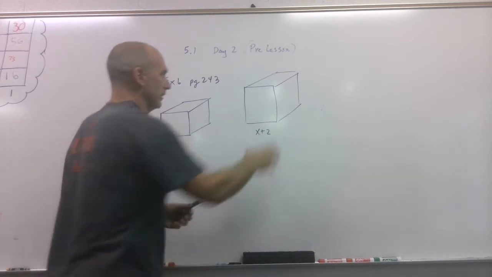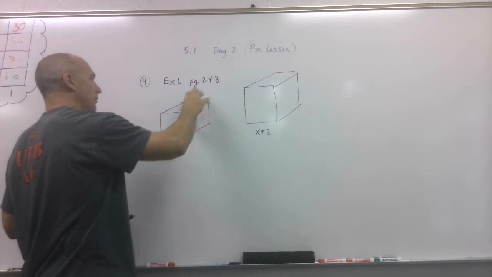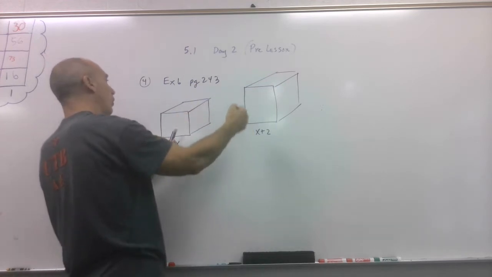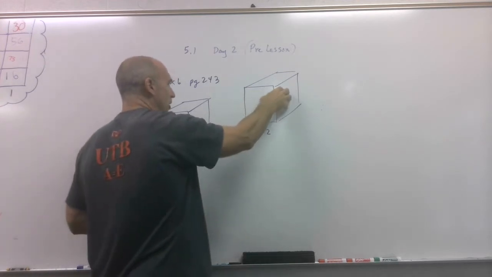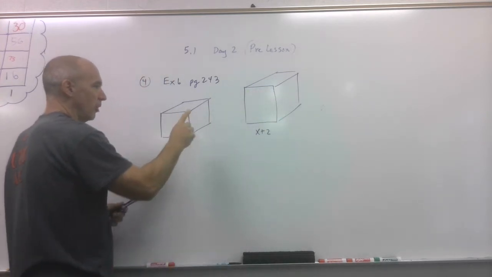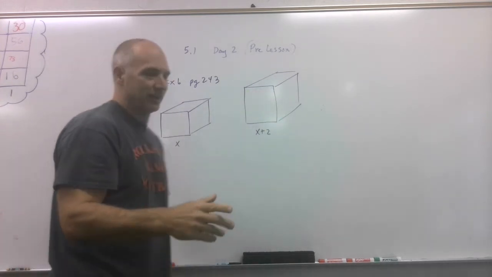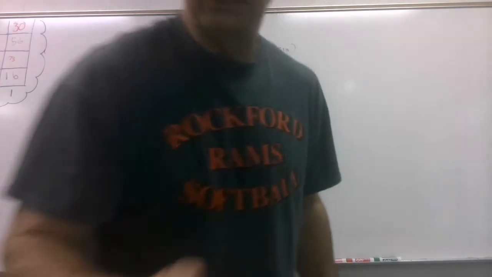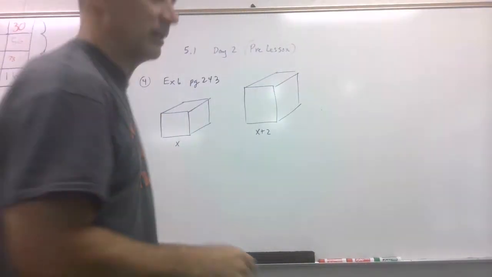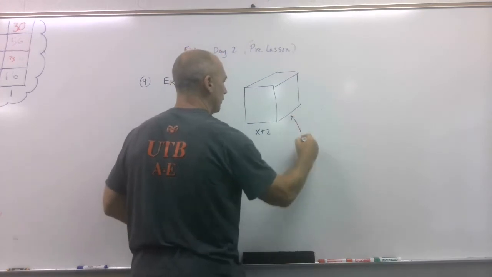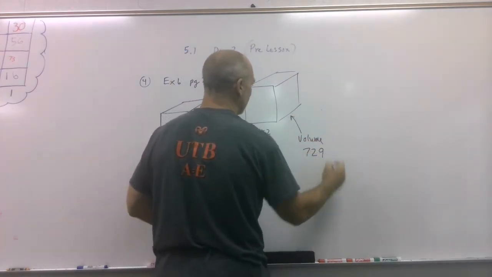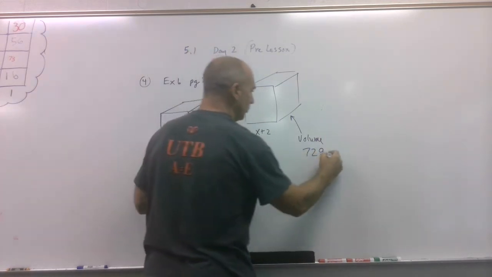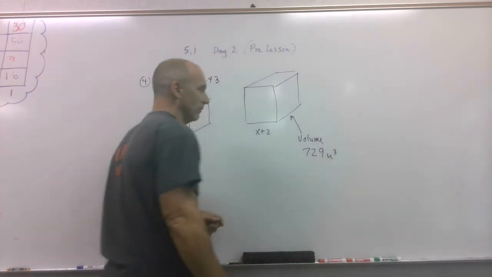Then it talks about if this larger cube pours its water into this one, and it just keeps pouring, how much water will spill over. So obviously this has a bigger volume than this. They tell you about this bigger one that the volume is 729. Now, when you talk volume, you talk in terms of cubic units.